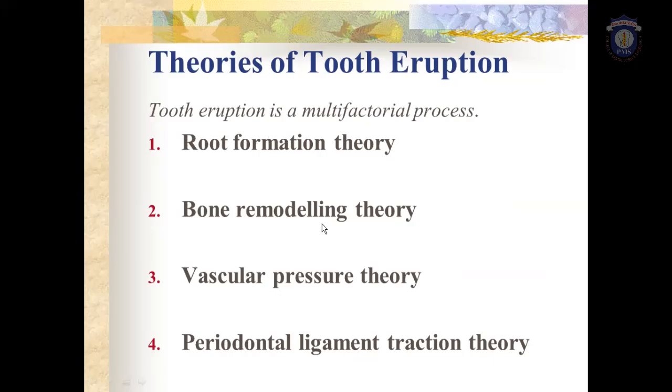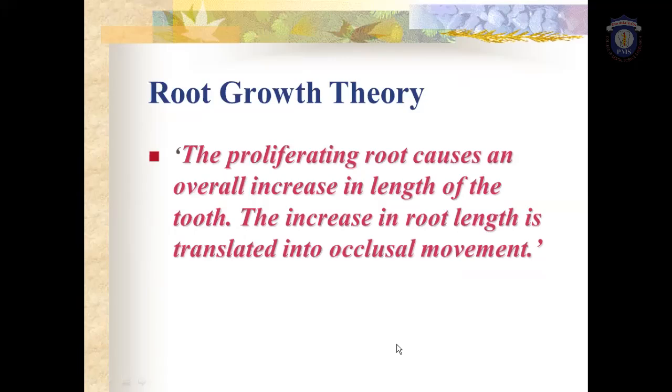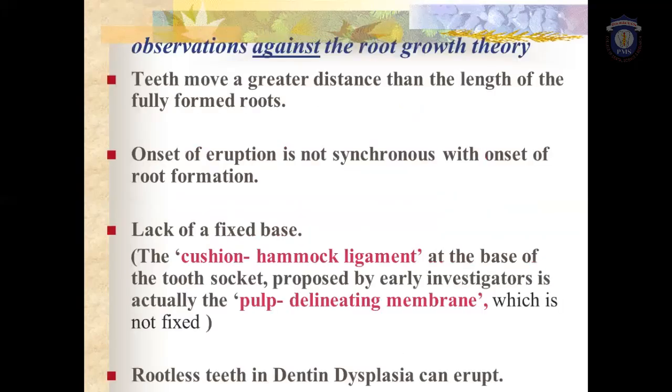But the main ones which have withstood the test of time are the bone remodeling theory and the periodontal ligament traction theory. The first theory says that the proliferating root causes an overall increase in length of the tooth, and this increase in root length is translated into occlusal movement of the tooth.